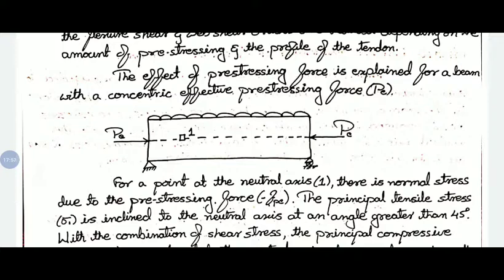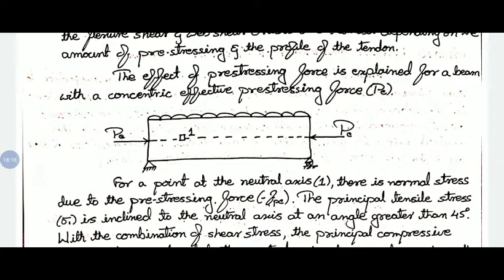The principal stress sigma 1 is inclined to the neutral axis at an angle greater than 45 degrees. So the angle of sigma 1, that is principal tensile stress, is greater than 45 degrees with the combination of shear stress. The principal compressive stress sigma 2 is inclined to the neutral axis at an angle much smaller than 45 degrees.